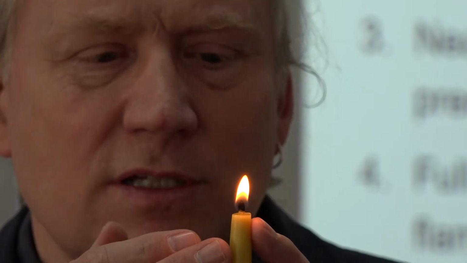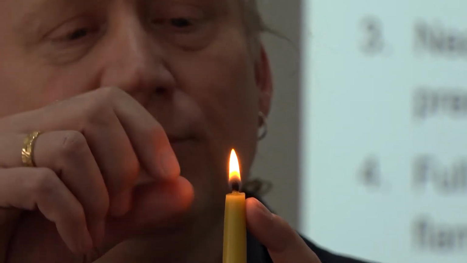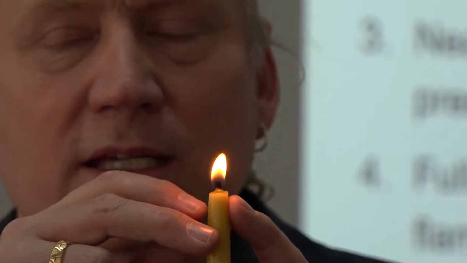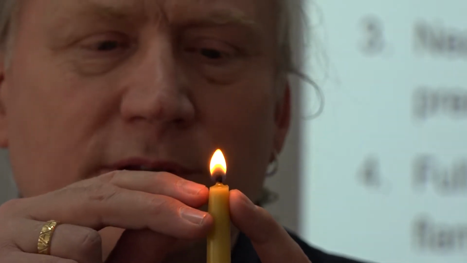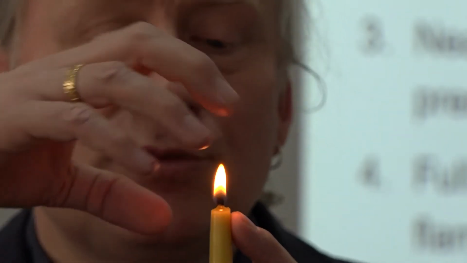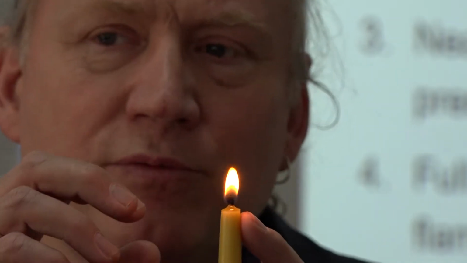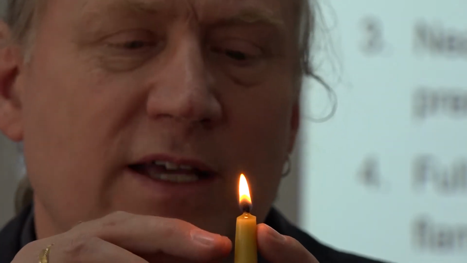What happens in such a diffusion flame or in a candle is that the heat from the flame heats up the wax. The wax goes up in the wick, and it evaporates. So inside the flame you have in fact a high concentration of evaporated wax.